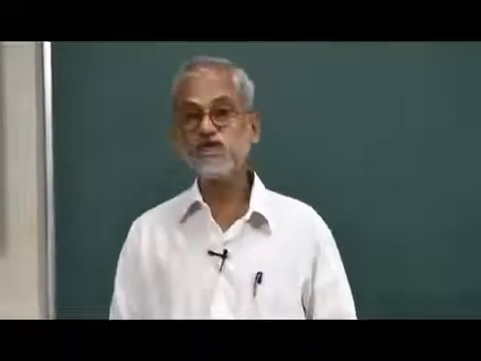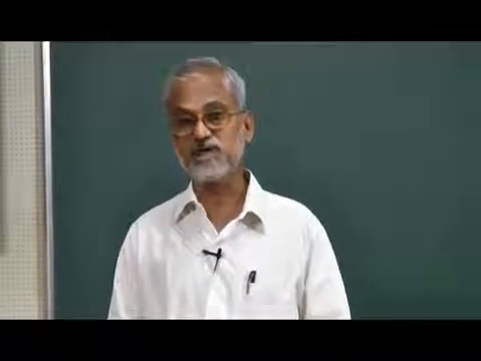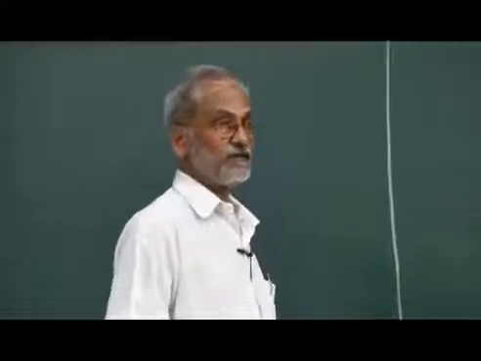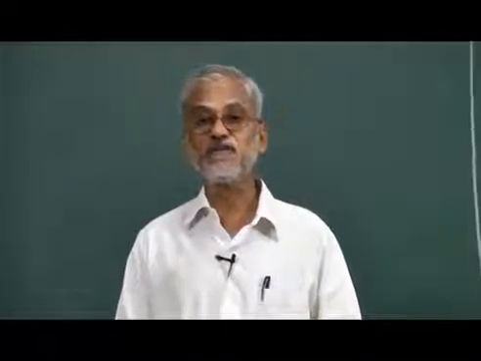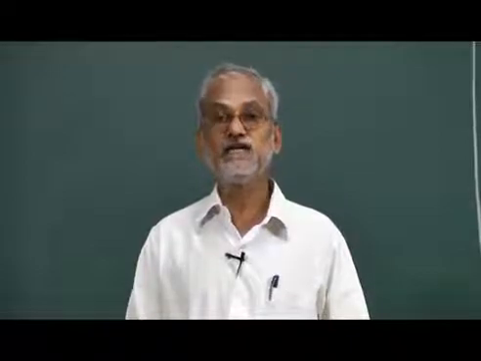The total kinetic energy can be split into two parts, one corresponding to the kinetic energy of the center of mass and the other corresponding to the kinetic energy of the reduced mass. What is the velocity of the reduced mass? It is the relative velocity between v1 and v2.